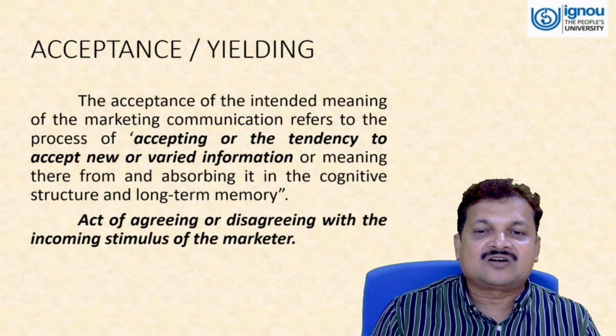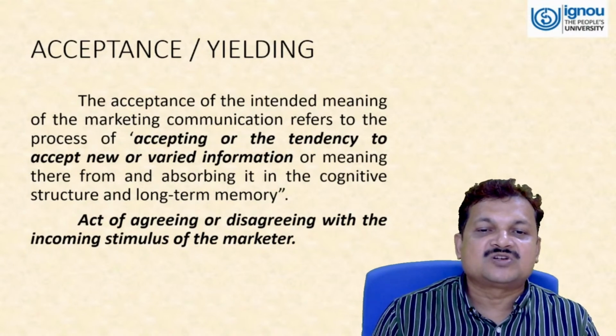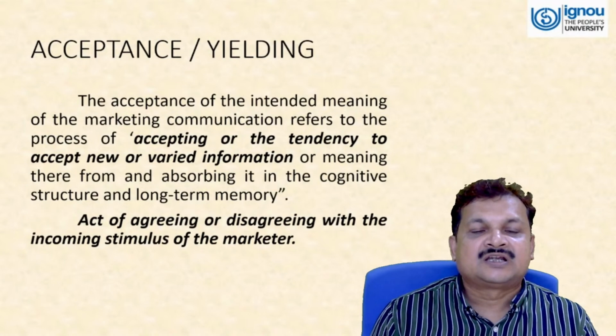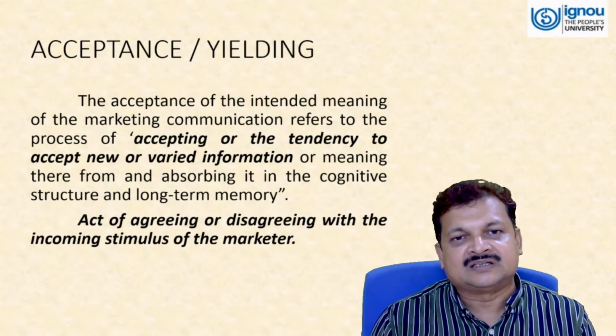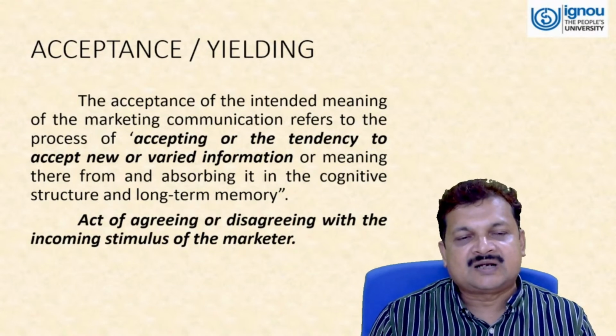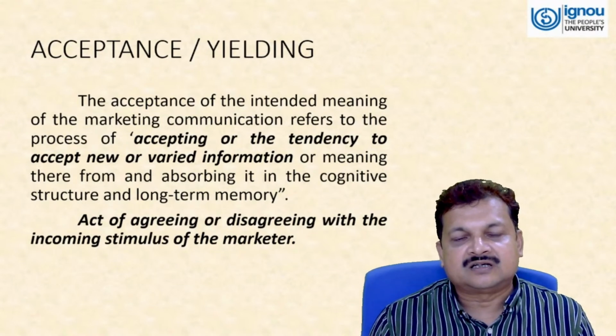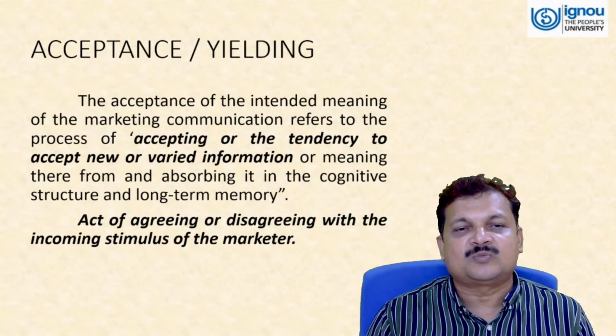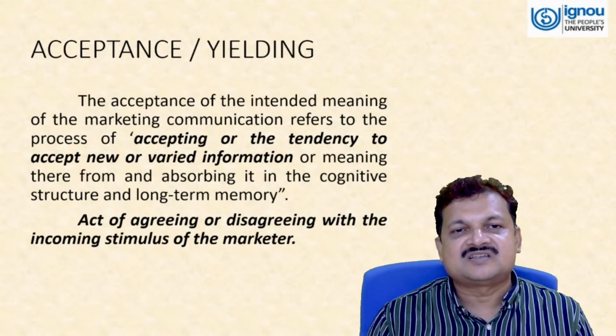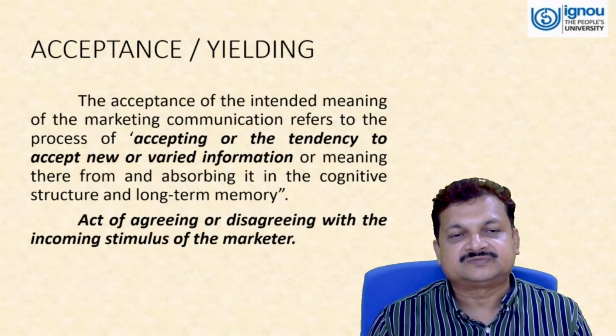Agreeing or disagreeing with the incoming stimulus of the market means what the marketer is claiming and what you are observing, there are two things happening. The marketer is claiming that this vehicle will go with a fuel efficiency of 20 kilometers per liter.